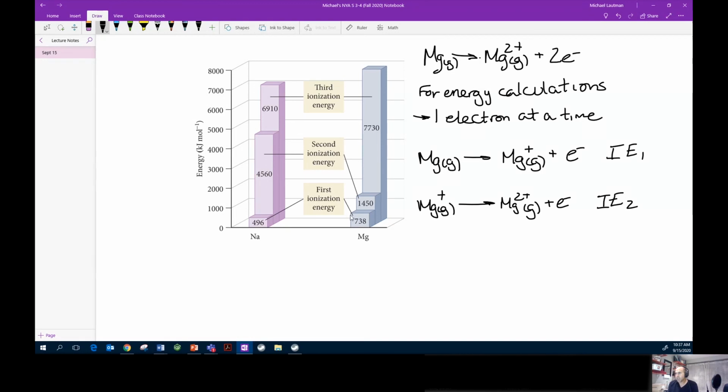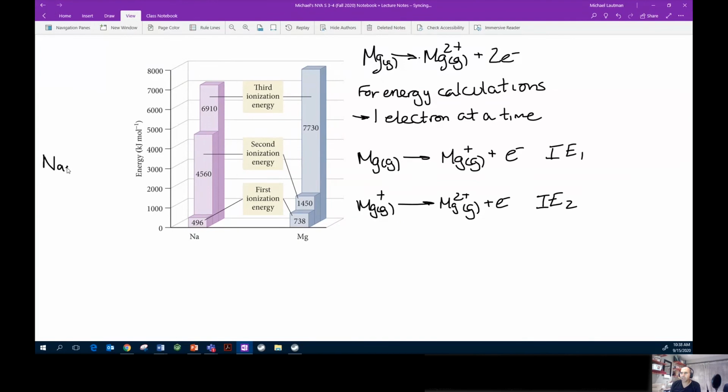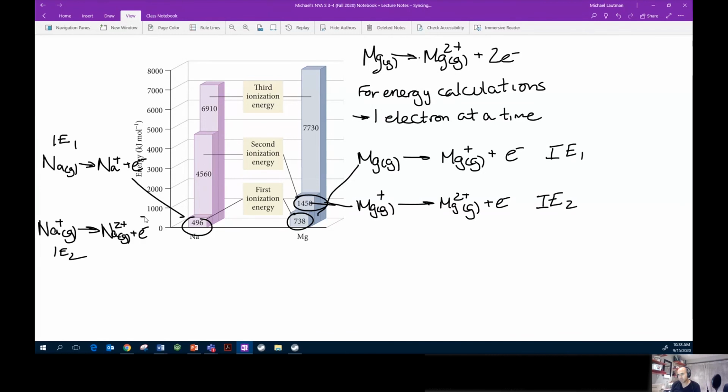So it gets harder. What we notice with sodium, if we had sodium gas going to Na plus an electron, that would be ionization energy 1, and that's here. And the second ionization energy of sodium is here.